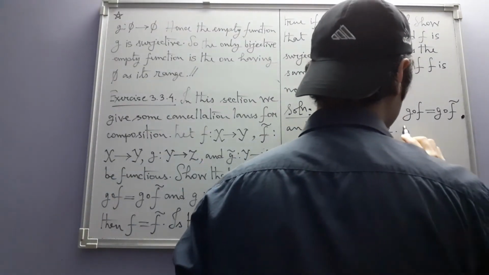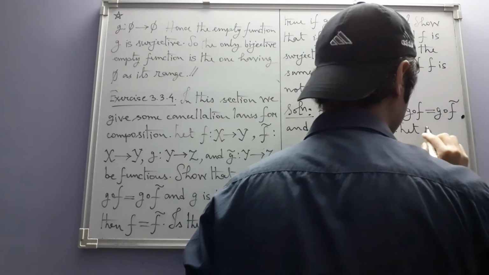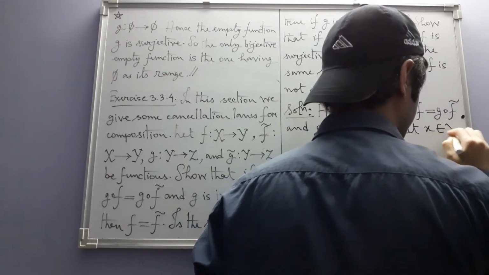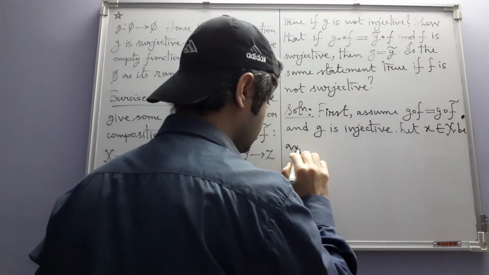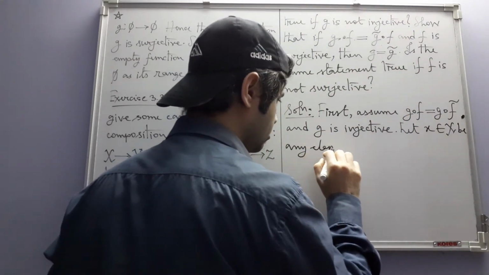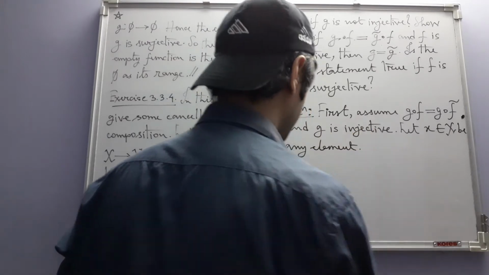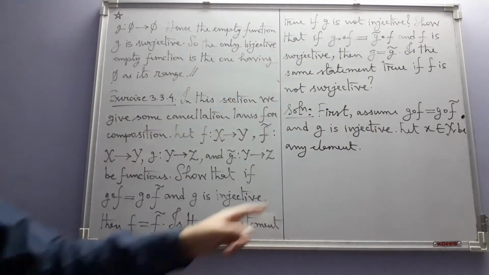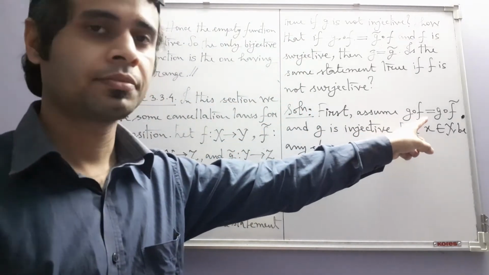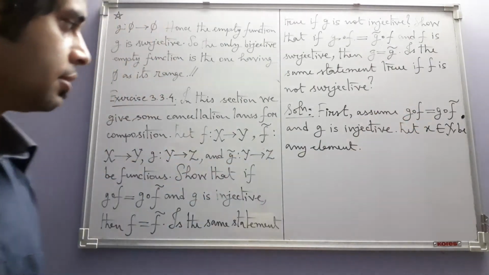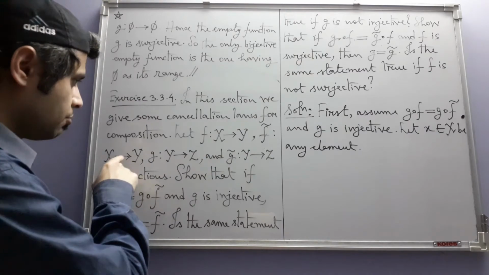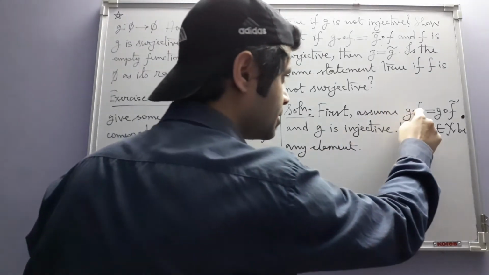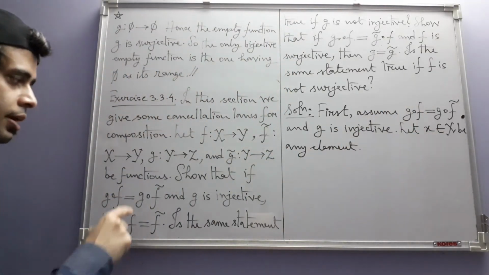So let x belonging to X be any element. Now we use this condition, what is given to us, and note one more thing: what is the domain of this function G composition F?